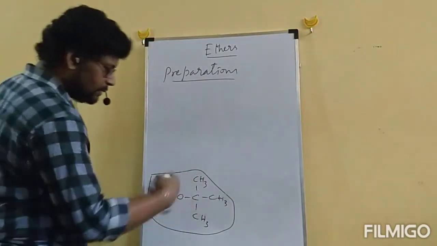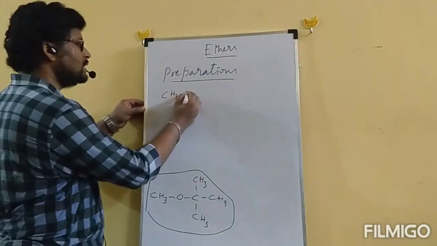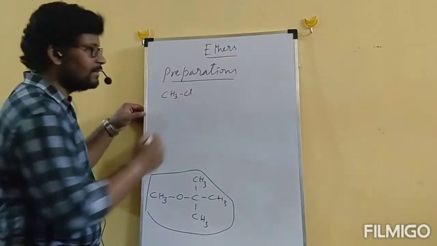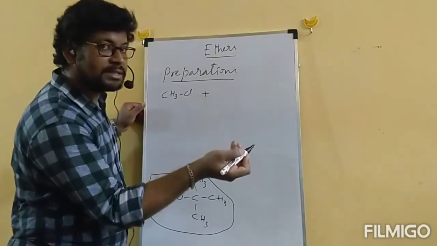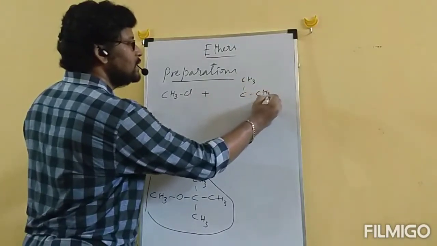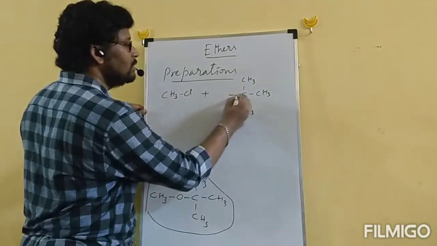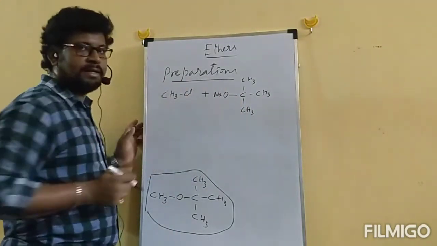Now, to obtain this ether, what are we going to take? First one, CH3Cl, an alkyl halide, is going to react with sodium alkoxide, (CH3)3CONa. Like this we can take.